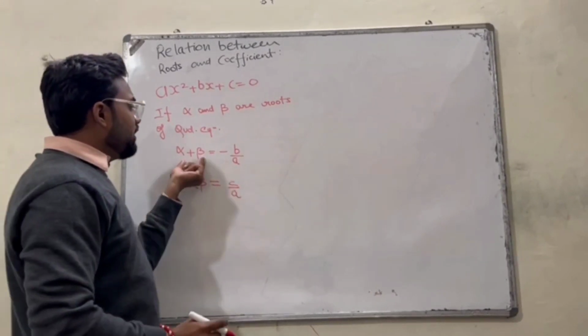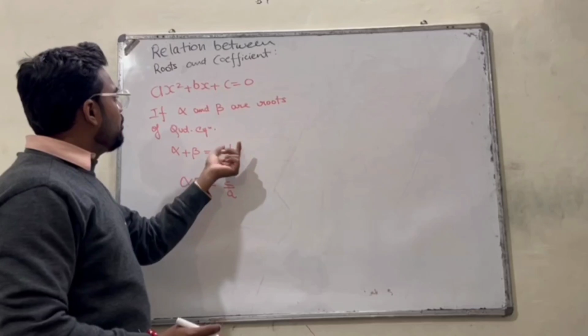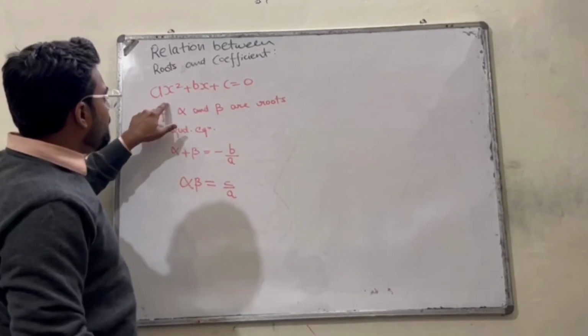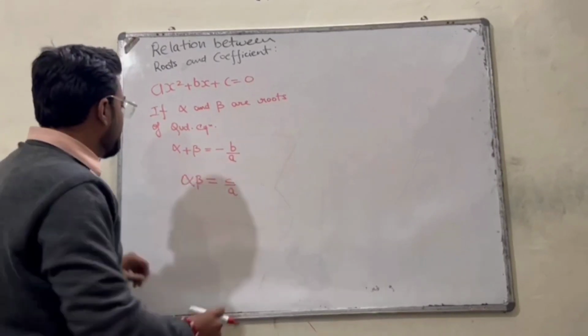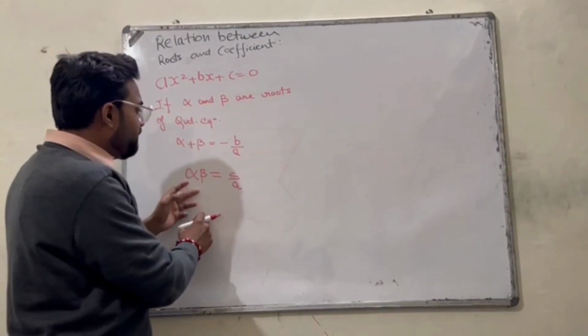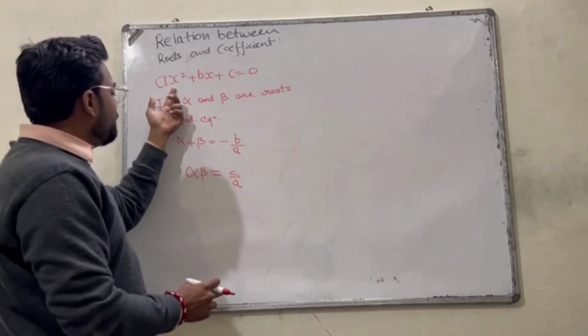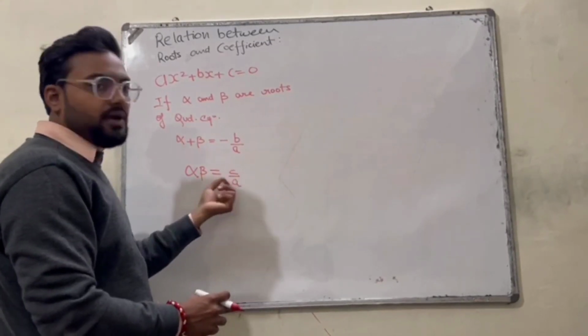Sum of the roots is equal to minus coefficient of x upon coefficient of x square, and product of the roots alpha into beta is equal to constant term upon coefficient of x square, c by a.